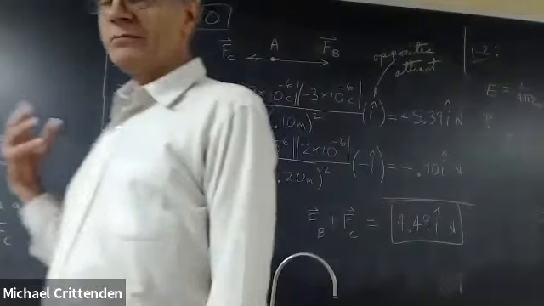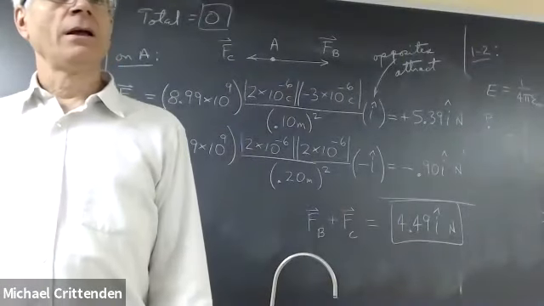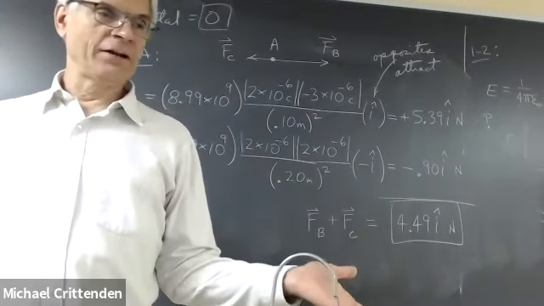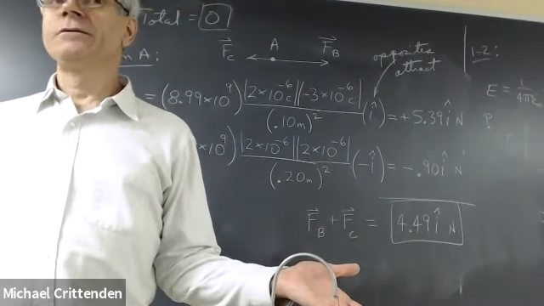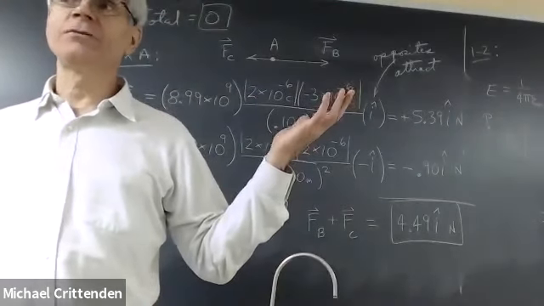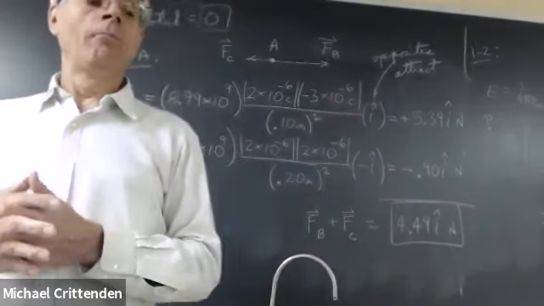Now, if you were to flip through the textbook, you'd find that electric forces and gravitational forces are in two entirely different chapters that are like 100 or 150 pages apart or something like that.